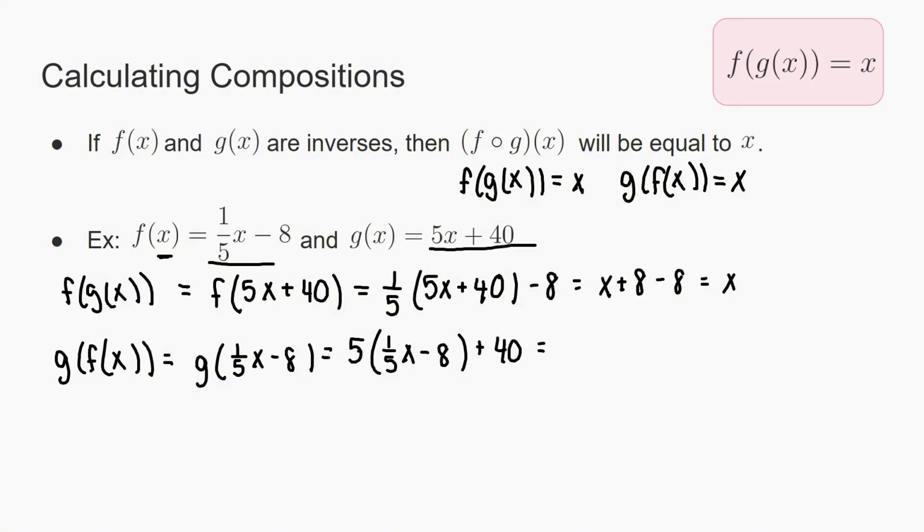This gives us 5 times 1/5 x, which is x. 5 times -8, which is -40. And then we have plus 40, which is equal to x. I showed you both versions just so you know that you can use either order, but you only need to check one to check whether two functions are inverses.